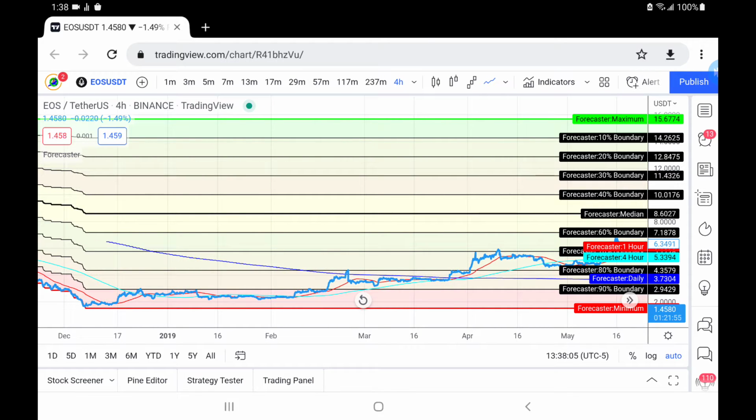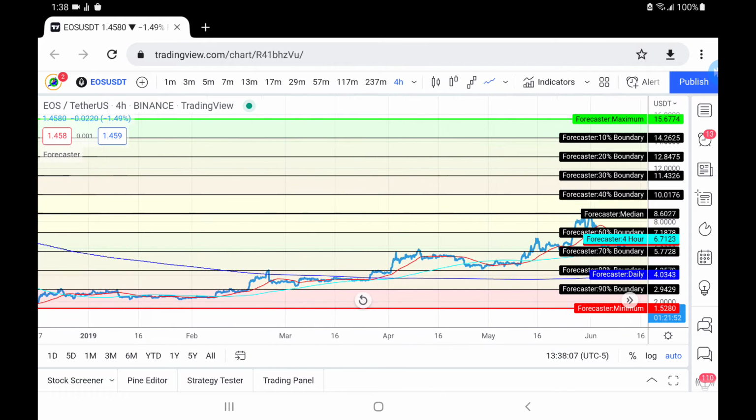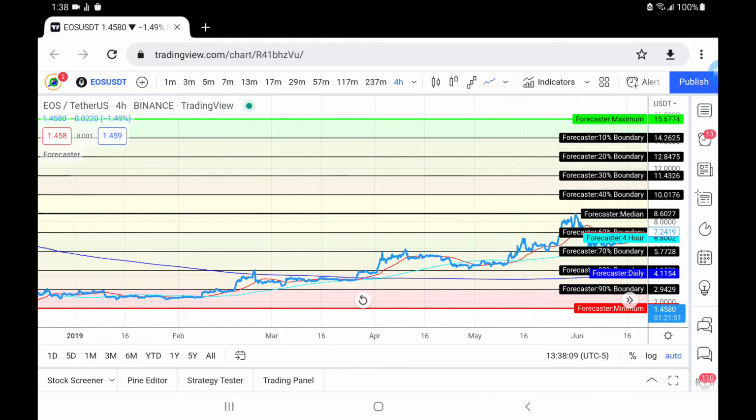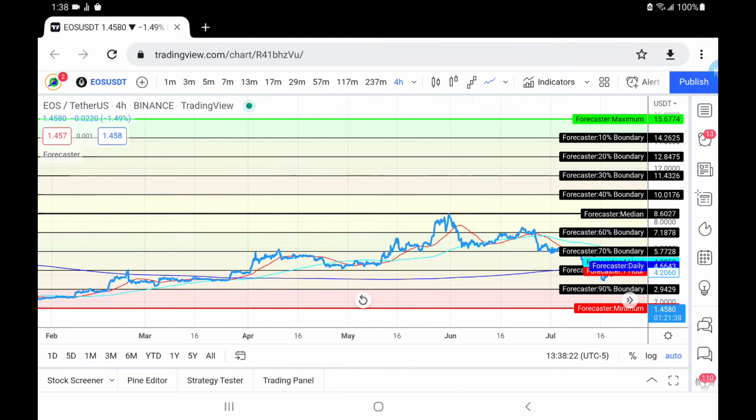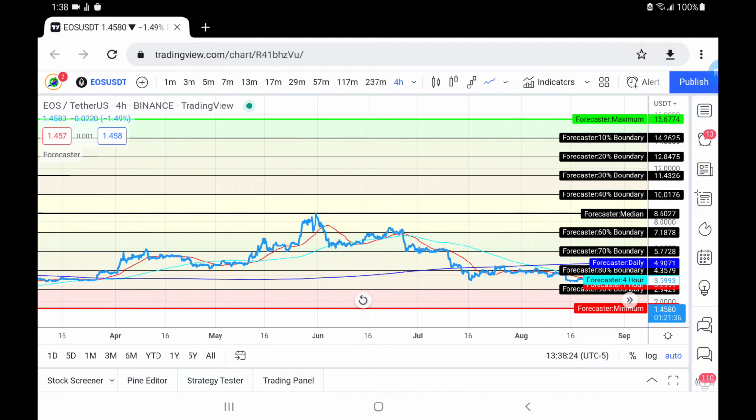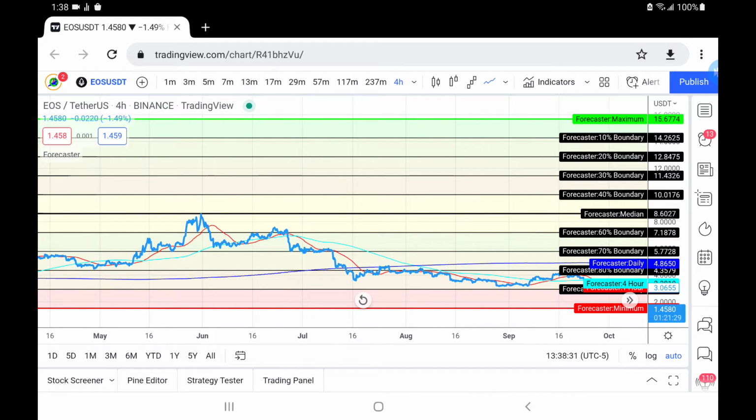Not too fast, not too slow. It's not overly aggressive, and that's good. That gives this coin some hope that maybe it was just finding its equilibrium within the market. But then it just barely touches its median. It doesn't break its median. And then it starts going down again.